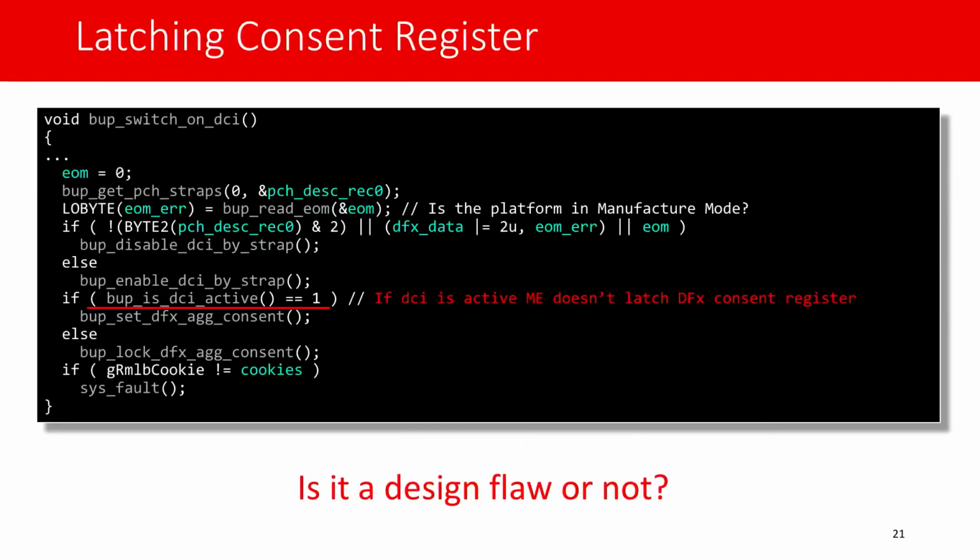But if DCI is active, ME doesn't latch the consent register. It means that if you want to switch on JTAG, you don't need to reboot ME if you have a DCI connection.